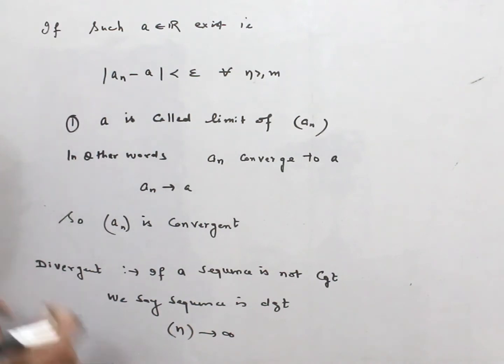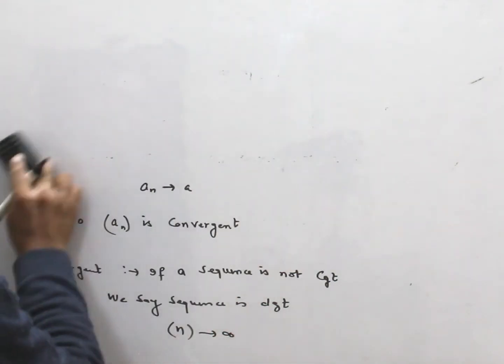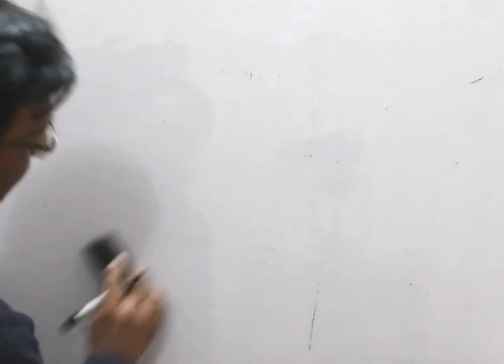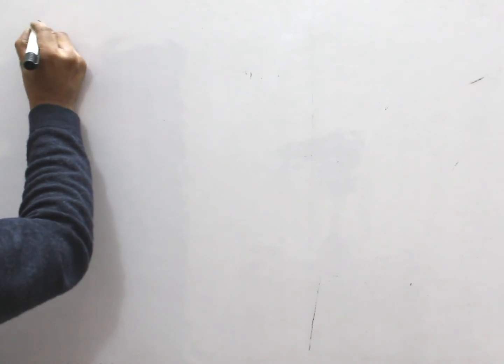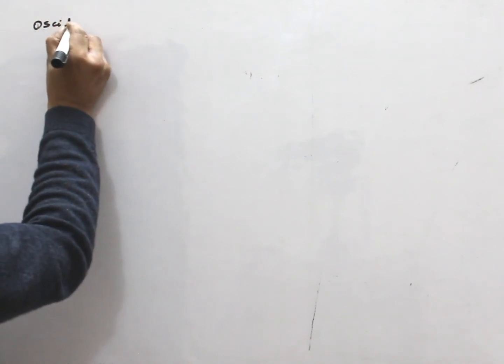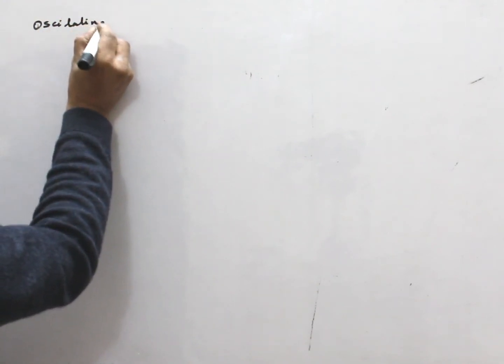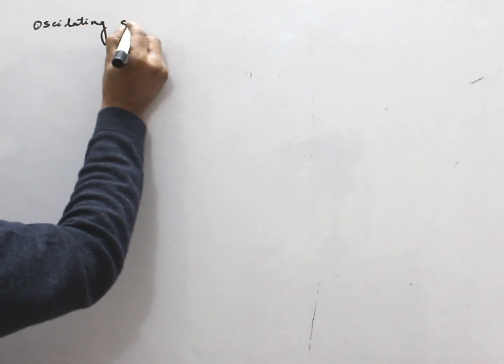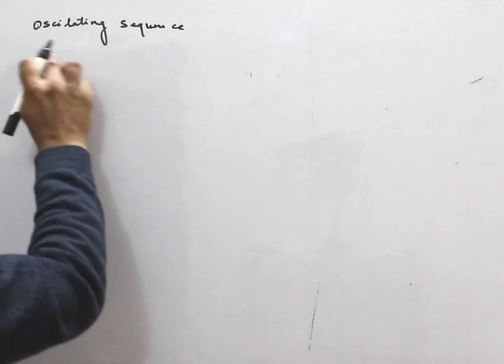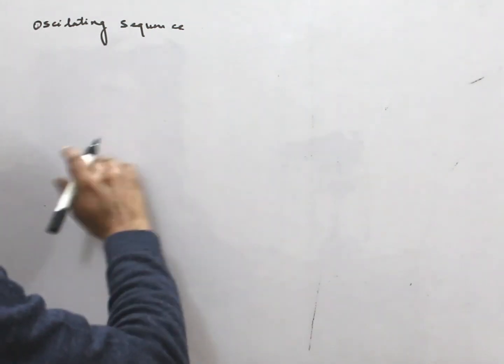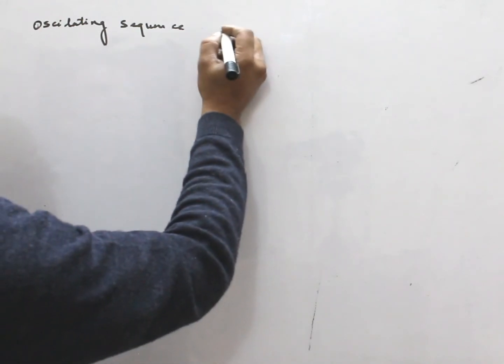Now, oscillating sequence. Oscillating sequences are those sequences which keep oscillating.